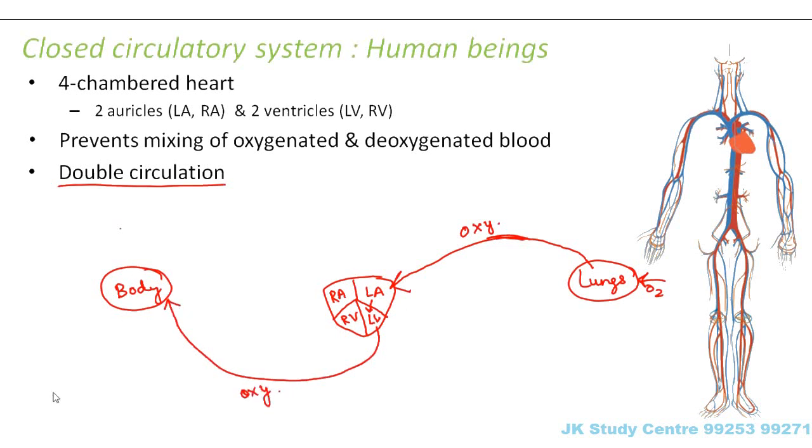Now again in the body, cellular respiration will happen, carbon dioxide will be released. So deoxygenated blood from the body will come into the right auricle. So this is the deoxygenated blood. From the right auricle, it will come inside the right ventricle, and the right ventricle will send it back to the lungs.